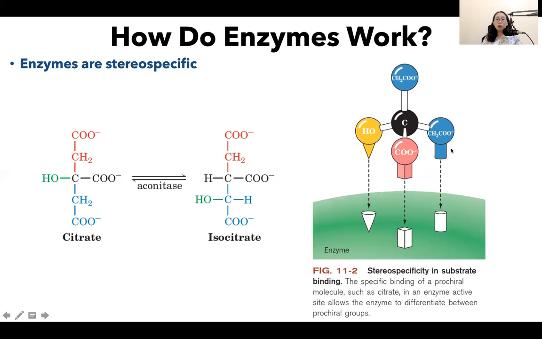One of the carboxymethyl groups is inside the active site, while the other carboxymethyl group is sticking out of the active site, meaning only the carboxymethyl group that is in the active site is the one that gets the hydroxyl functional group, and not the carboxymethyl group sticking out of your active site. So it's not this one, but it's always this carboxymethyl group that gets functionalized.